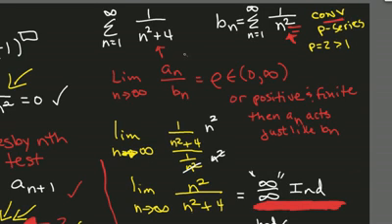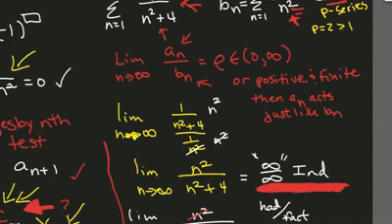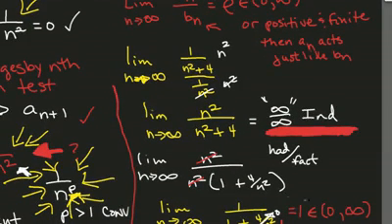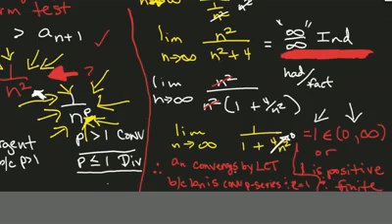And then we take the limit of a sub n, which is your original, over b sub n, which then allows you to simplify. Once we simplified and saw it was indeterminate, we factored out the highest common power, saw that our limit indeed equaled 1 and is an element of that set. So therefore, because it's positive and finite, we can say it converges by LCT.